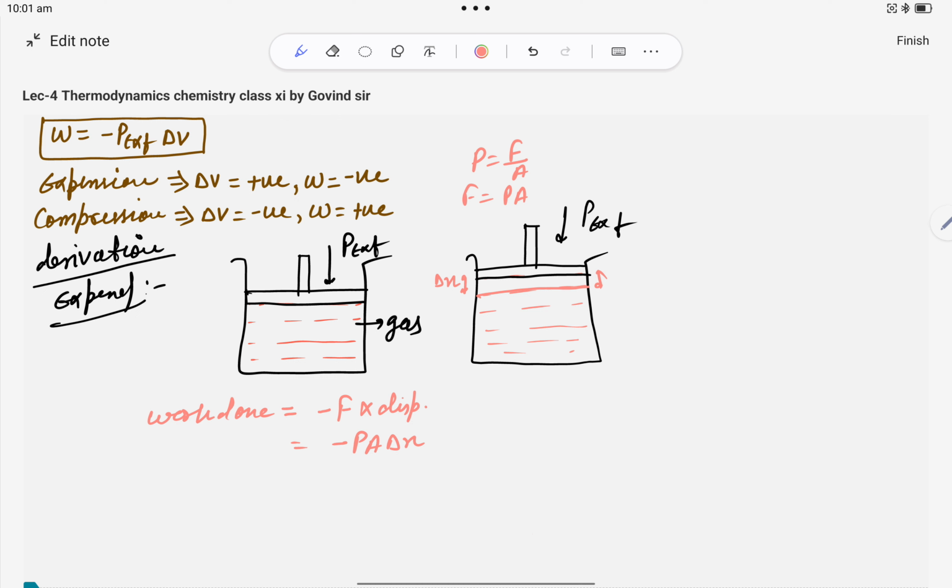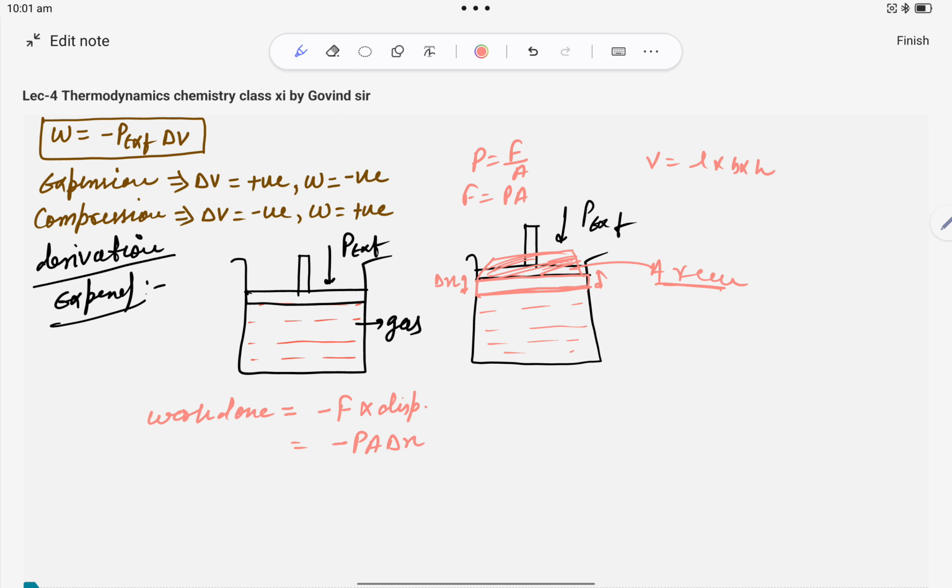Yes or no? Now tell me, we are talking about this area. What is the formula of volume?